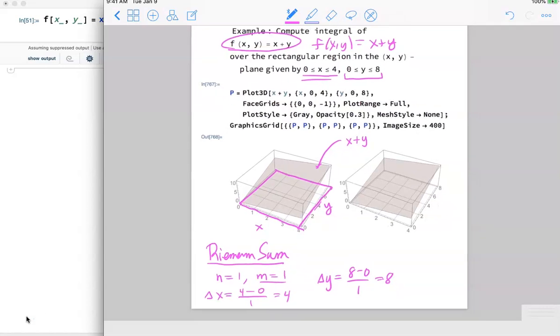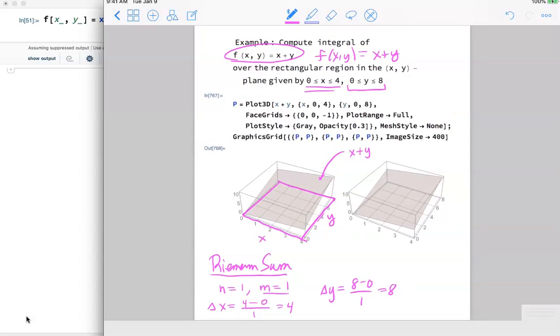And then we'd want to choose where to evaluate the function on that one rectangle, right? And I like to choose the upper right corner. So we're going to evaluate the function at that one point, and that would give us this rectangle that would have a volume.